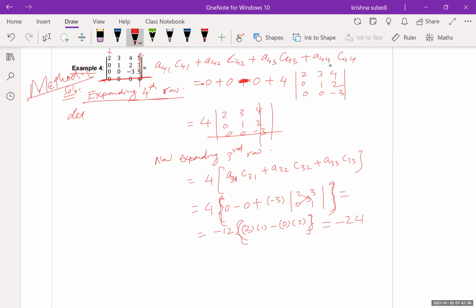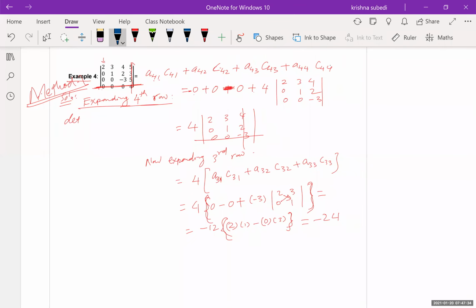Okay, now if I were you, if I'm a student and I was given this question, I don't want to spend a lot of time doing this. What I would do is use the second method.